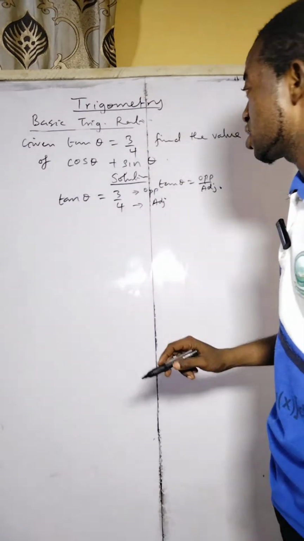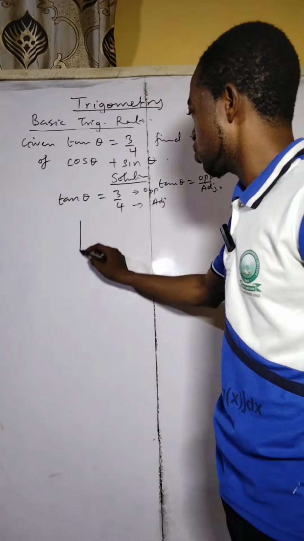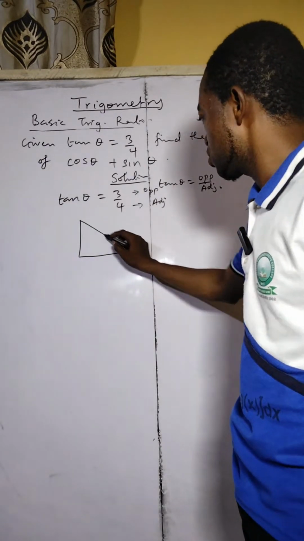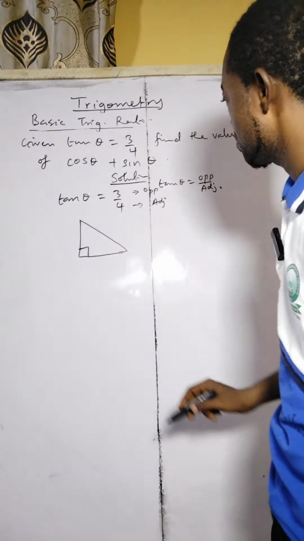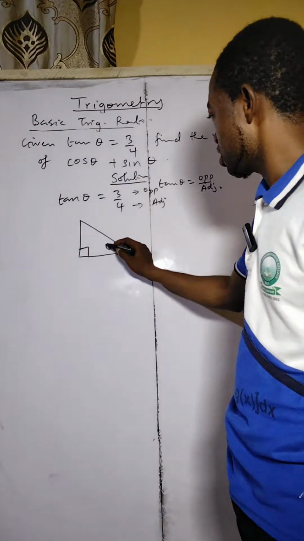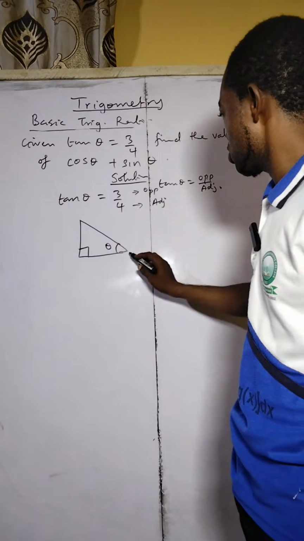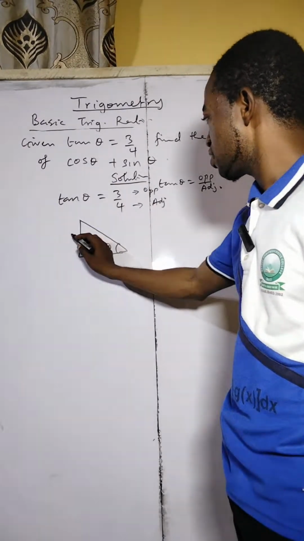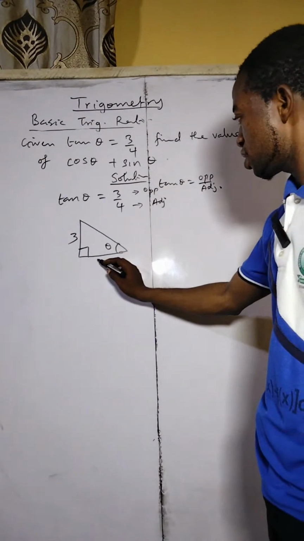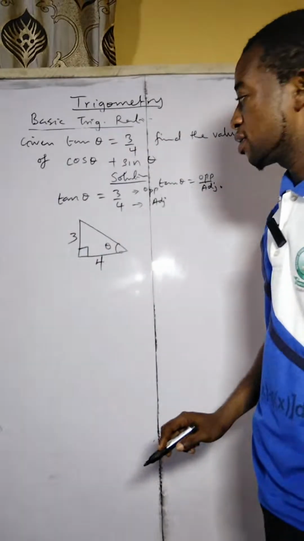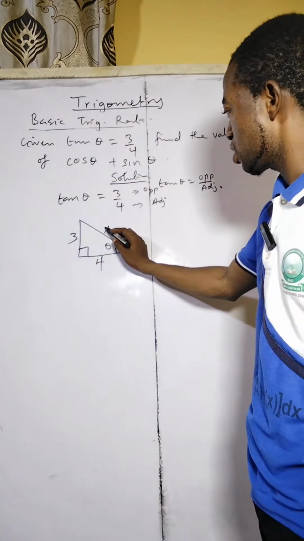Now, something is missing, which is the hypotenuse. When you put it in a right angle triangle, we have the angle 90 degrees here, and let's say theta is here. 3 is the opposite, facing theta, and 4 is the adjacent. Something is missing here, which is the hypotenuse.